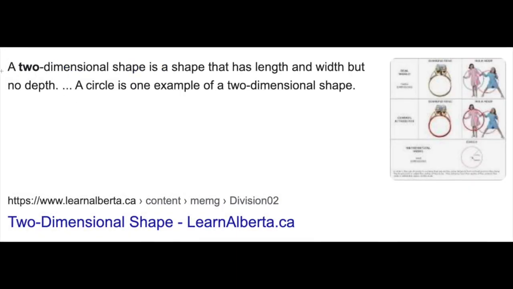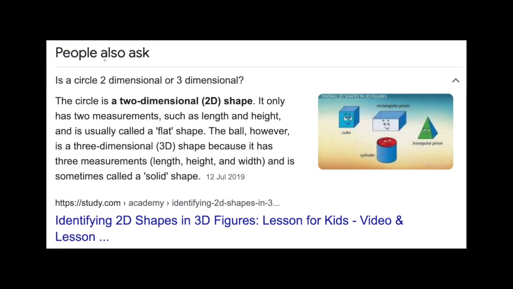A 2-dimensional shape is a shape that has length and width, but no depth. A circle is one example of a 2-dimensional shape. So a circle is always 2-dimensional, not 3-dimensional. A sphere is 3-dimensional, a circle is 2. Is a circle 2-dimensional or 3-dimensional? A circle is a 2-dimensional shape.